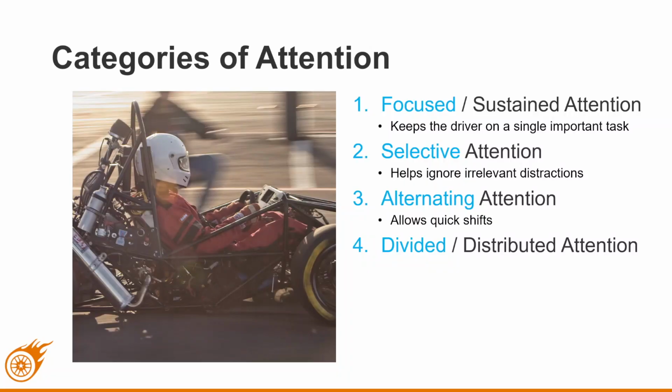Alternating attention allows the driver to quickly shift their focus, like glancing at the red lights, then back to the apex. And then divided attention is pretty much the ultimate driving skill. Drivers juggling multiple sensory inputs and cockpit controls without slowing down are very, very skilled.